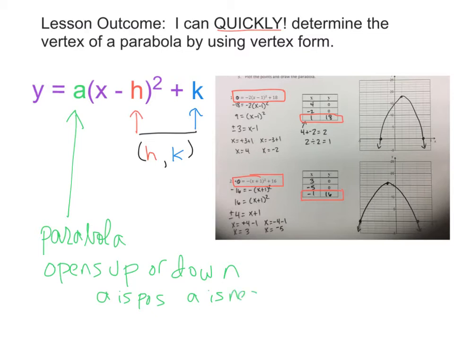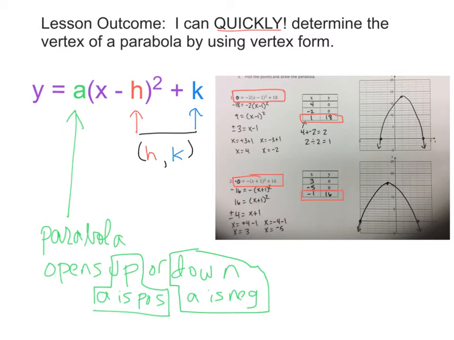And again, we've talked about that a little bit. So if A is positive, it opens up. And if A is negative, it opens down. All right, so A tells us if the parabola opens up or down. H and K tell us the vertex of the parabola.